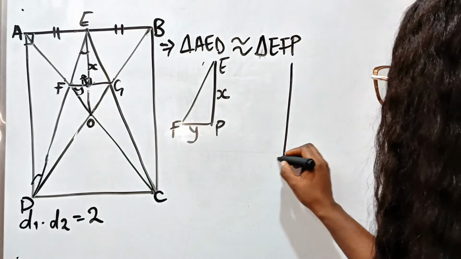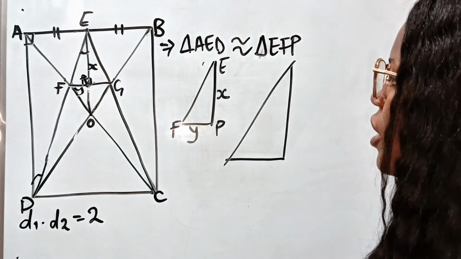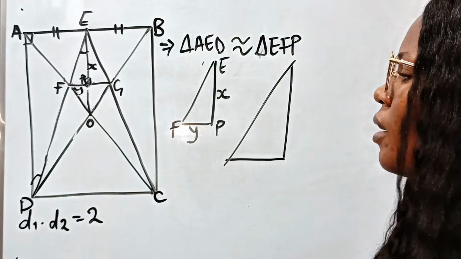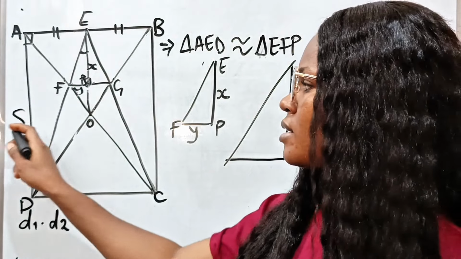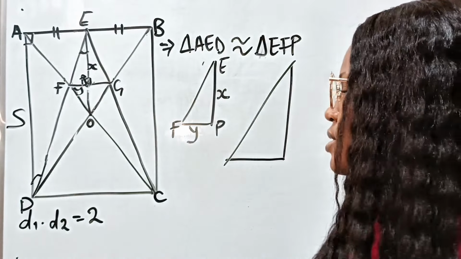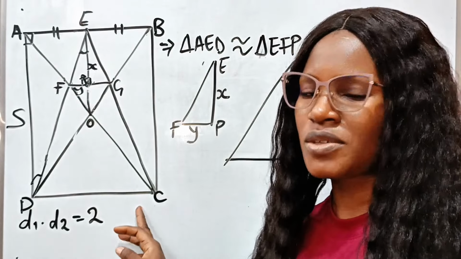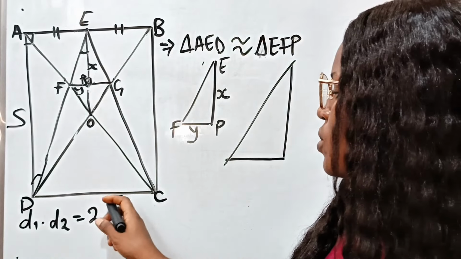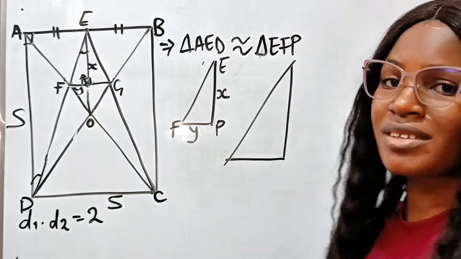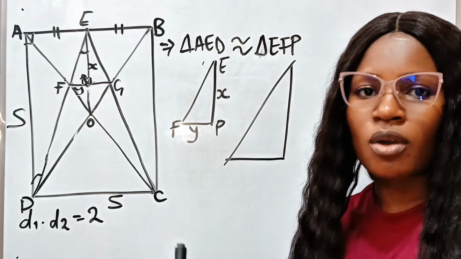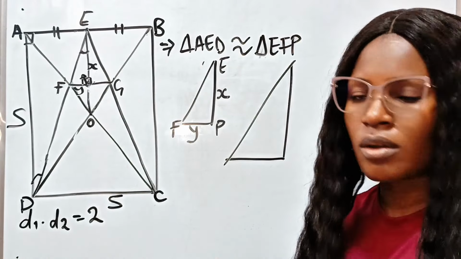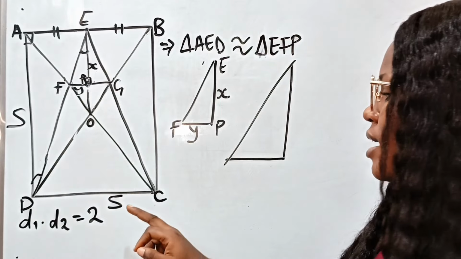If we draw it this way, we are going to have AD here. Now let's call AD S. That is the side of the rectangle. Sorry, this is not just a rectangle, it is specifically a square. That means this is also S. So this is S and this is S.